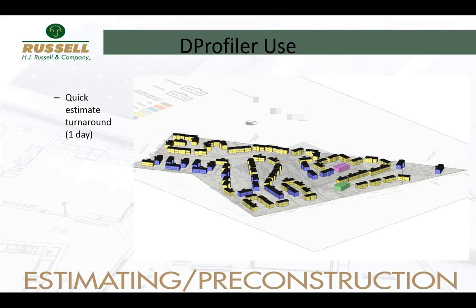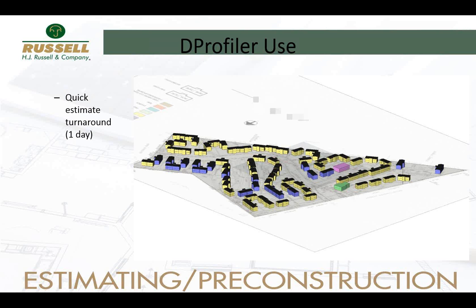I'm familiar with DProfiler and how it's easy to set up on a project like this. You set up some rooms, and you can combine those rooms into apartment units, and then those units can ultimately be combined into buildings, and we can factor those to achieve a lot of detail for the project in a relatively short amount of time.